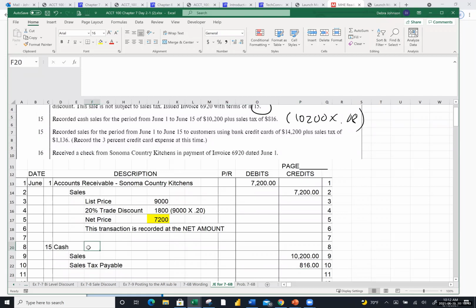And so my cash would be for the sum of those two. So go ahead and calculate that. I got 11,016. We're going to record a few journal entries, and then I'll show you how to do the posting on the worksheet after we get these four down.